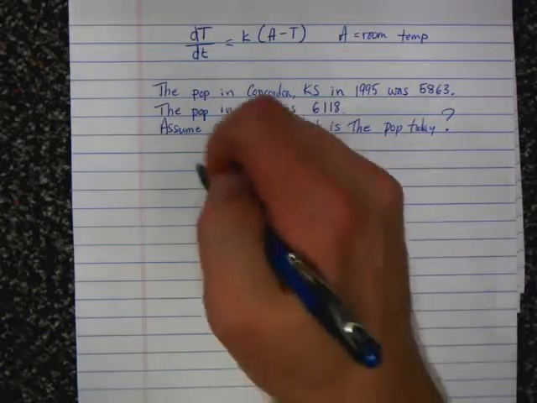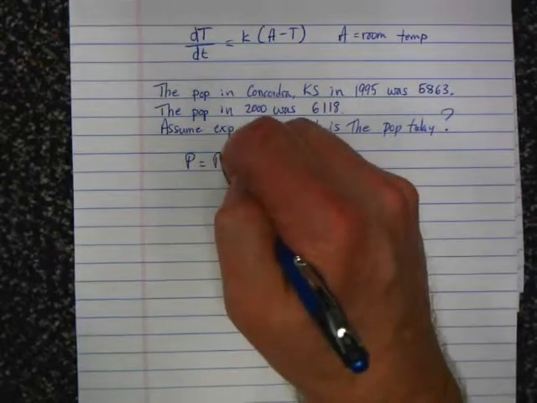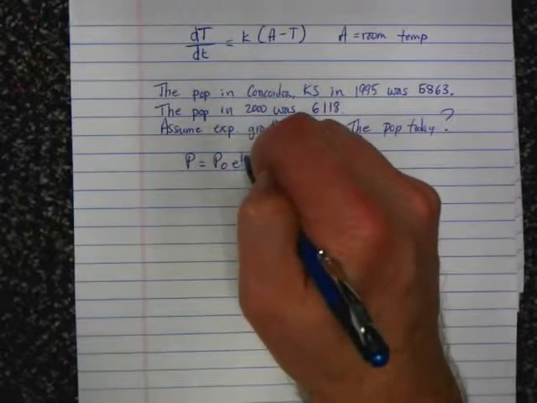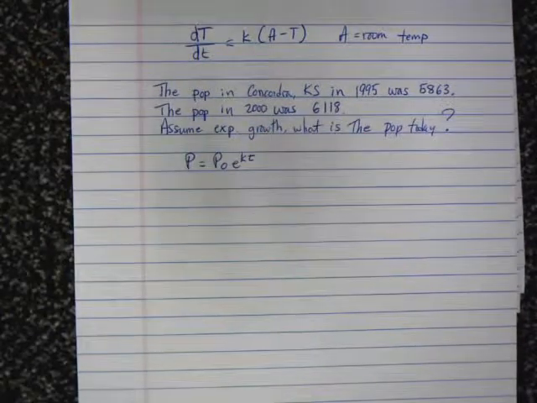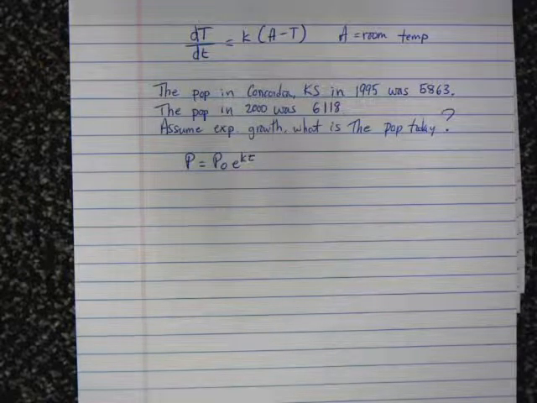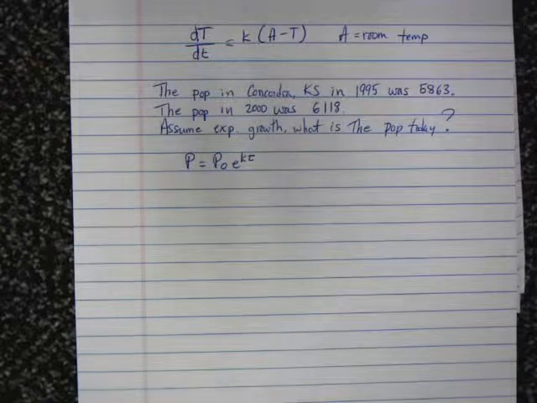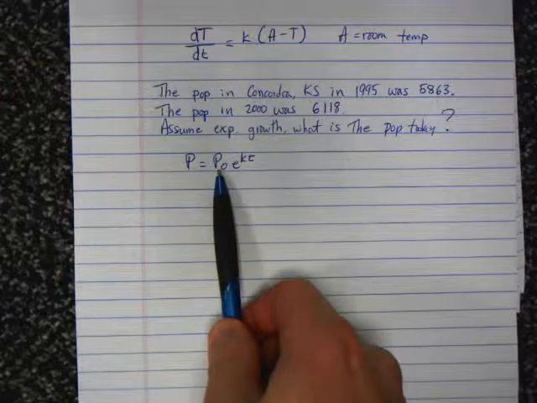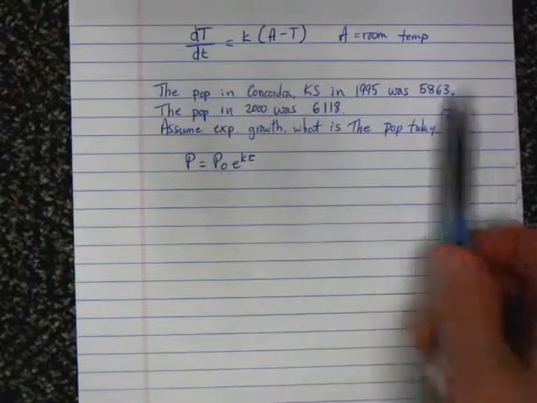Well, we know our population formula. P is P0 e to the kt. And in this case, since we have growth, we know that k should turn out to be a positive number. So it should be 6,118 equals the population in 1995, and just plug in t, and then just solve for k. Correct. So what you're telling me is P0, my starting population, was 5,863.